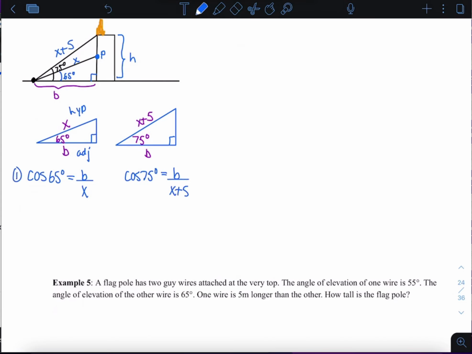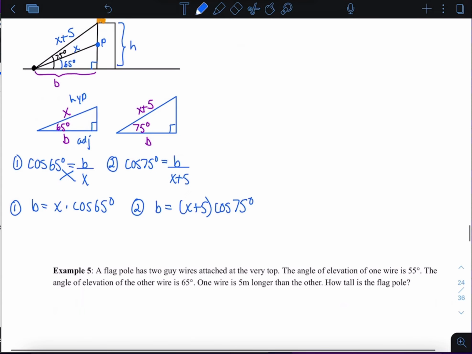I have equation 1 and equation 2. What I'm going to do is rearrange these so that I have b isolated. So I cross-multiplied and isolated for b. I'm going to do the same thing here. I get b equals x plus 5 times cos 75. And the reason I'm doing that is so I can sub 1 into 2.